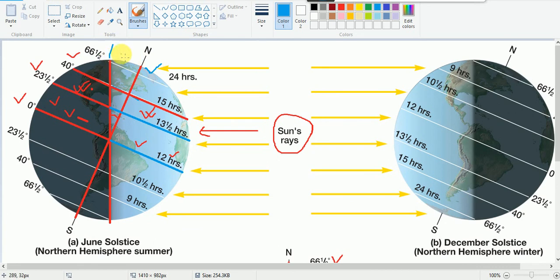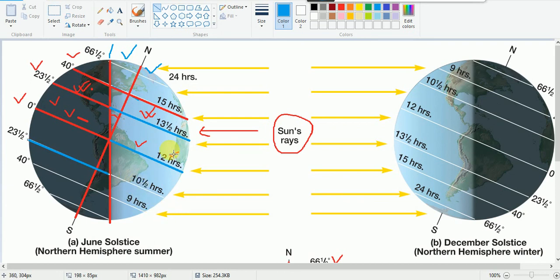And in the southern hemisphere, along the 23.5 degrees south, that is the Tropic of Capricorn, the nighttime is very long.